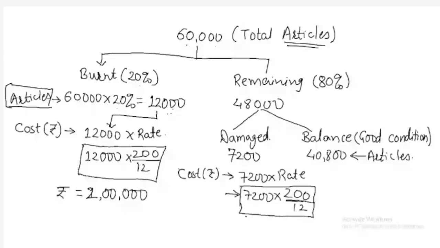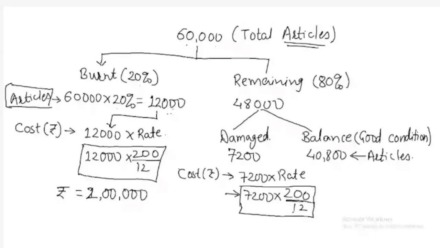How much rupees? पैसा 60,000 आएगा. 1,20,000 आएगा. फाइनल आंसर 7,200. Let me check. 7,200 only.